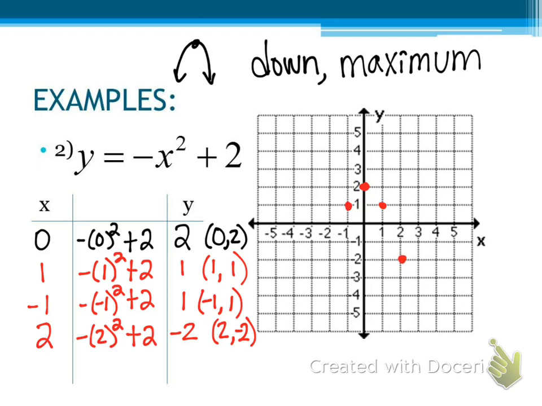Now, if you had to guess, where do you think our last point is? -2, -2, right? We can kind of see that these points pair up. And so if we plug in a -2, again, -2 squared is 4.